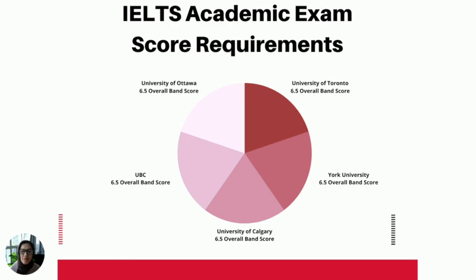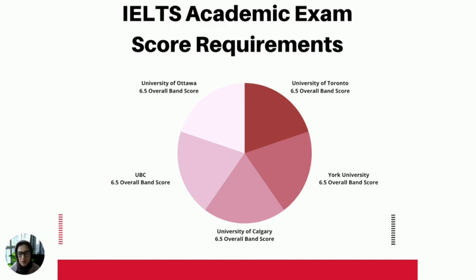So, for example, for the University of Ottawa, Toronto, British Columbia University, University of Calgary, or York, you would need to score an overall band of 6.5.